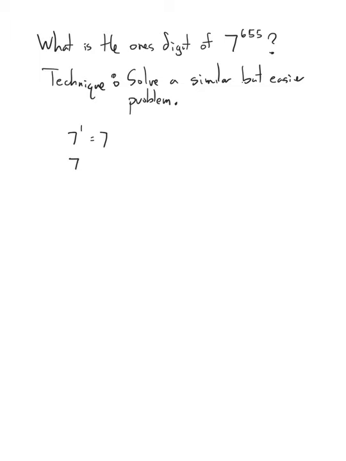Let's do 7 squared. So 7 squared is 7 times 7, which is 49. Okay. 7 cubed, well, that's going to be 49 times 7, or 7 times 7 times 7. Let's work that out. And I'll highlight the ones digit in each of these first. I'll do this over to the side. 49 times 7. And when you're doing this calculation, think about what we're solving for.